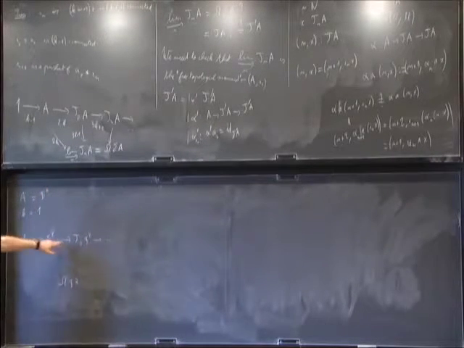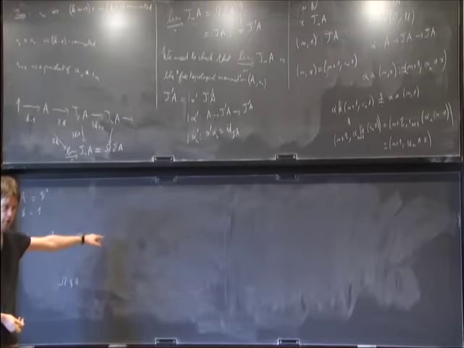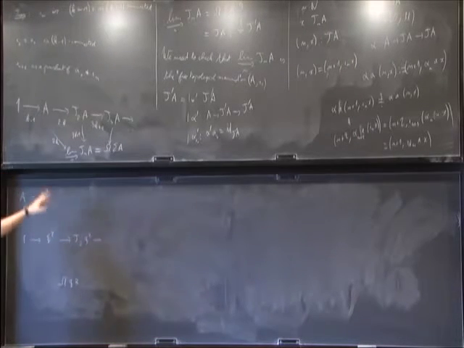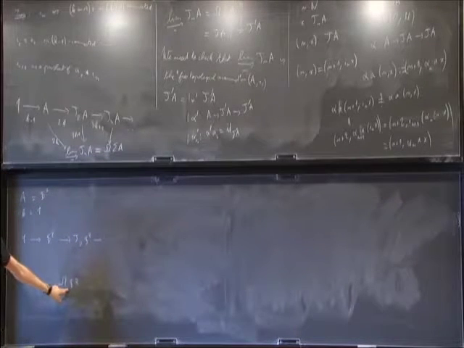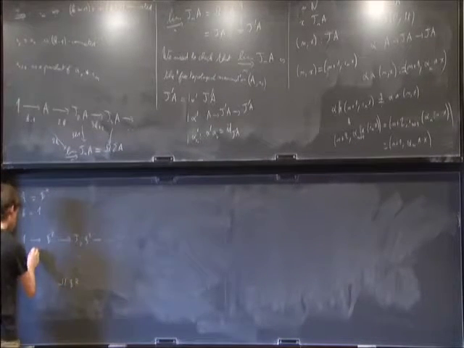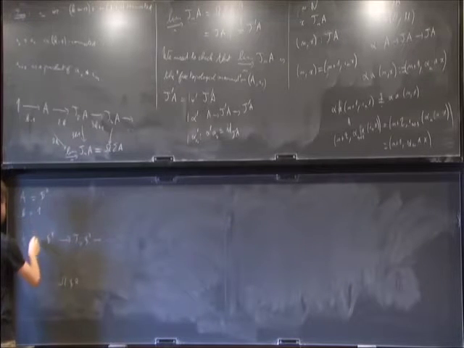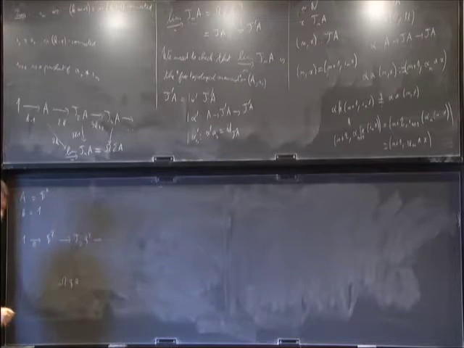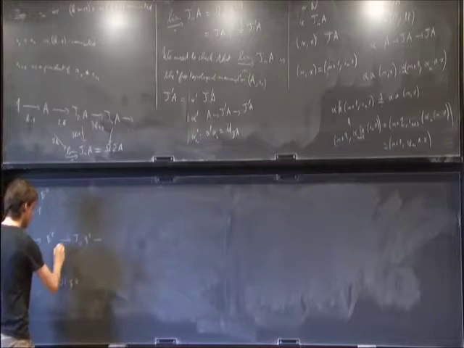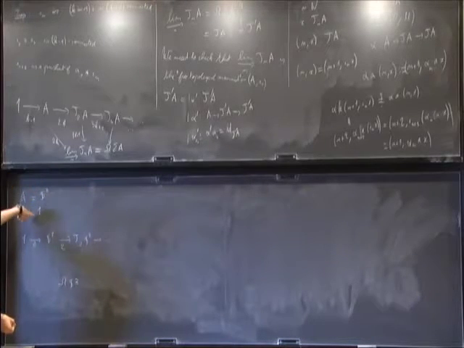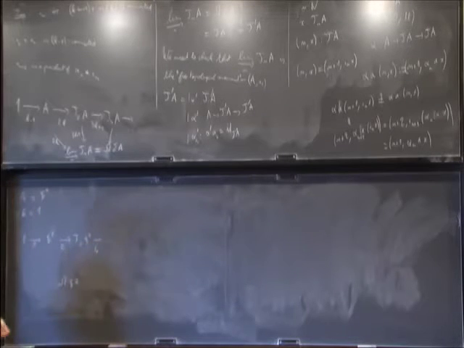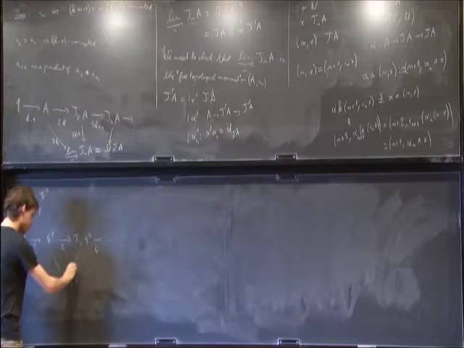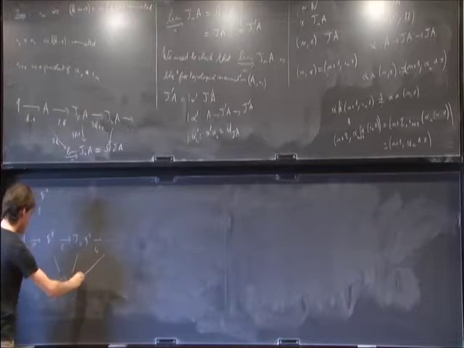We have S^2, then some J_2 S^2, J_3 S^2, and so on. And the loop space of the suspension is just the loop space of S^3. Moreover, we know that this map is 0 connected. This map is 2 connected, because k equals 1, 2k. This map is 4 connected, and so on. 6 connected, 8 connected. And we have a bunch of maps like that.